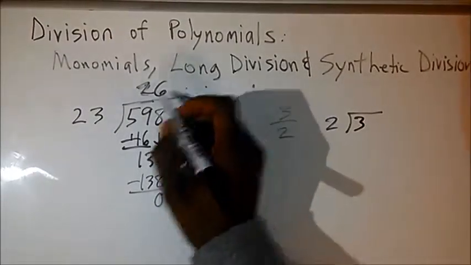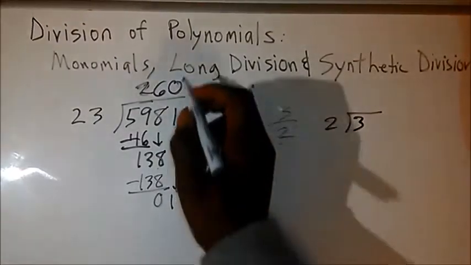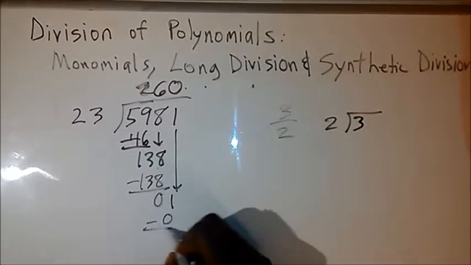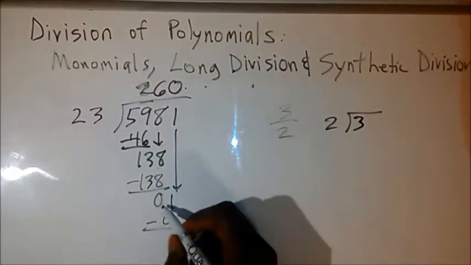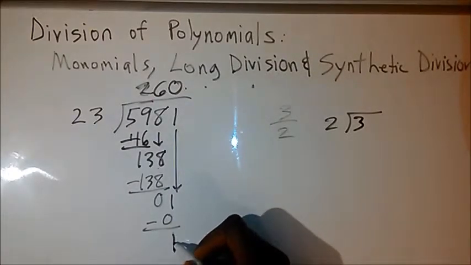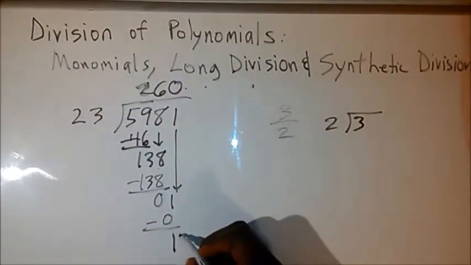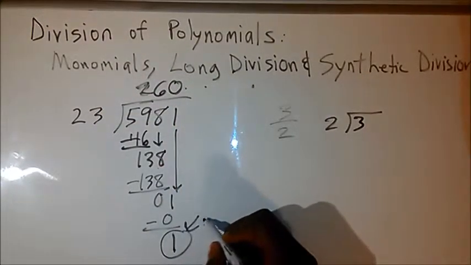What times 23 equals 1? 0. 0 goes here. 0 times 23 is 0. Our remainder is 1. What times 23 equals 1? Nothing. So we leave this as our remainder.